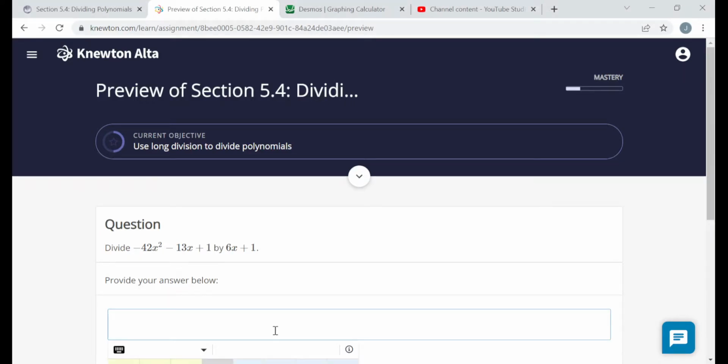And you can check, is the quotient times the divisor plus the remainder equal to the dividend? You can do that check on your own, but I'm going to leave that to you this time. So quotient, negative 7x minus 1, plus the remainder over divisor, 2 over 6x plus 1.